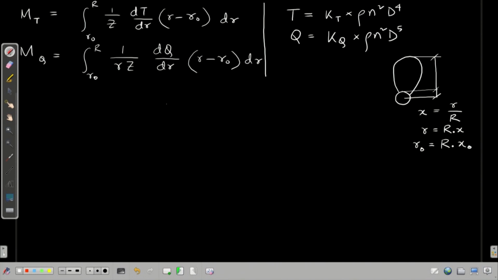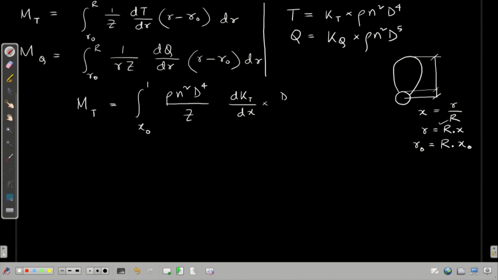Now, if we use all these non-dimensional entities in the equations for the bending moments, we will have MT equals the integral from x0 to 1, from the root to the tip of the propeller blade, of r minus r0, which will be capital R into x minus x0.